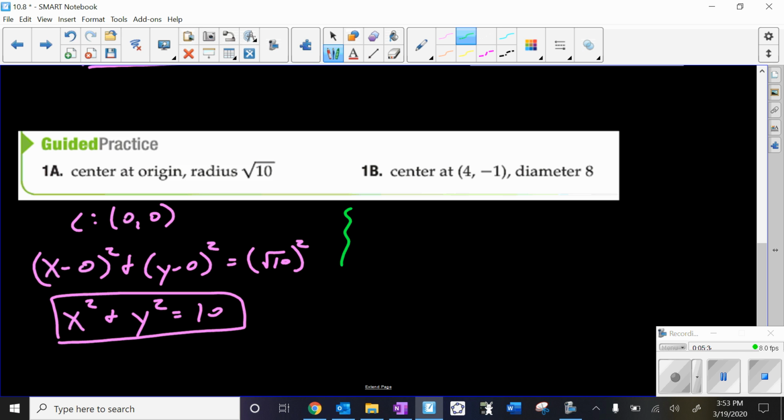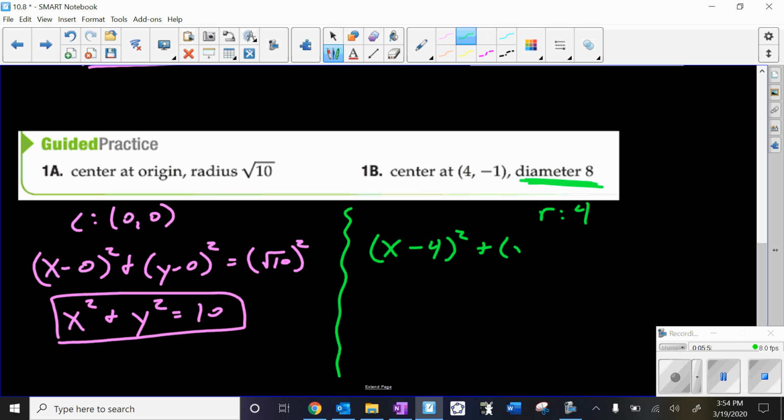Last one. This one gives me the center, but be careful, it gives me the diameter. Again, we want the radius. So the radius is half of the diameter. We want to use the value of 4 out of this one. So now we have x minus 4 squared. That's the x coordinate of my center up there.